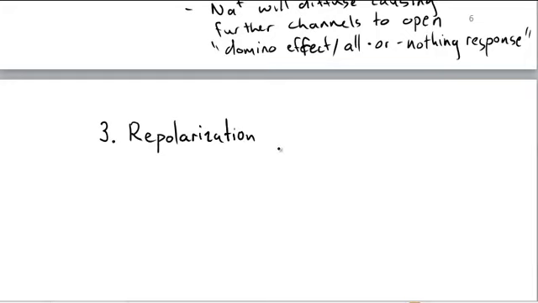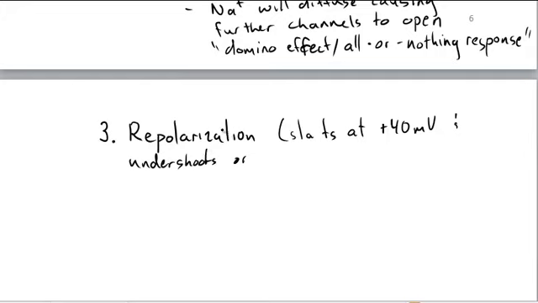And this happens, it starts at positive 40 millivolts and actually undershoots, or hyperpolarizes, to, it should only go to negative 40, but it goes all the way to negative 65 millivolts.